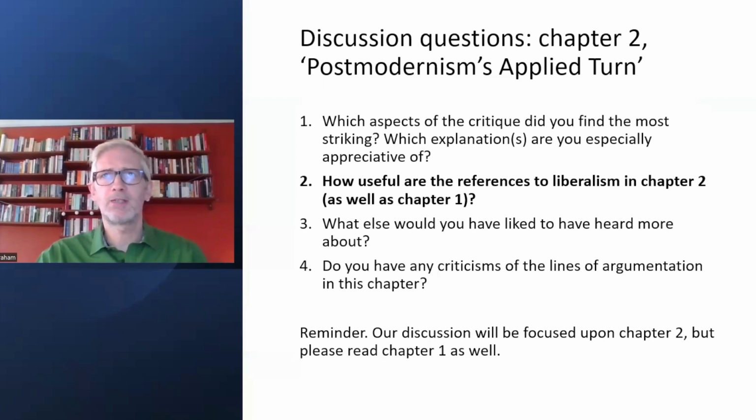So the authors don't say a great deal about liberalism in chapter 2, but what they do say is quite suggestive. On a couple of occasions, they argue that while the civil rights movement falls within the boundaries of classical liberalism, identity politics and Kimberlé Crenshaw's intersectionality fall outside that domain.